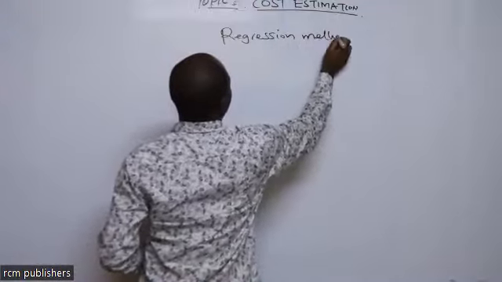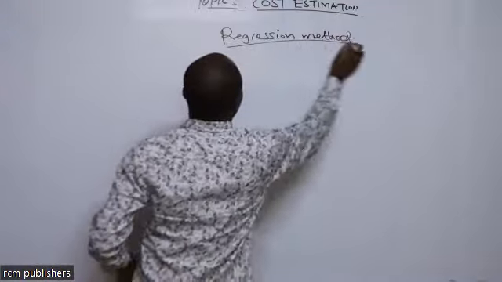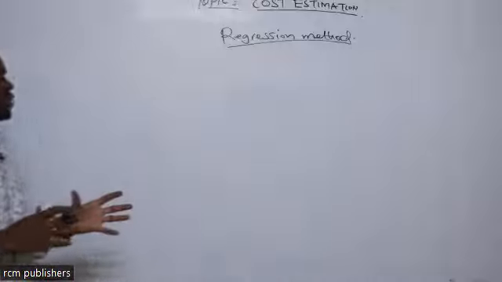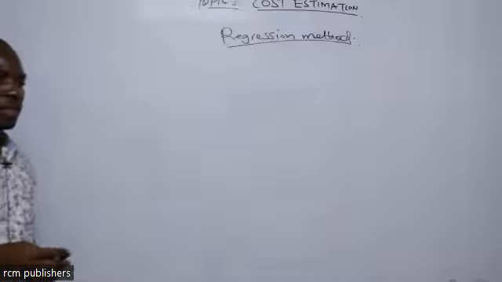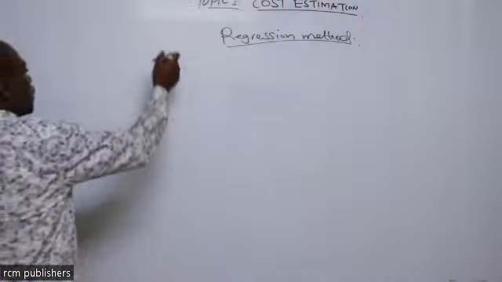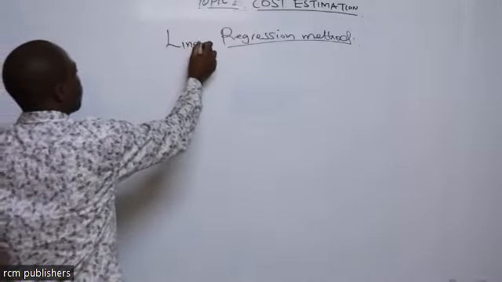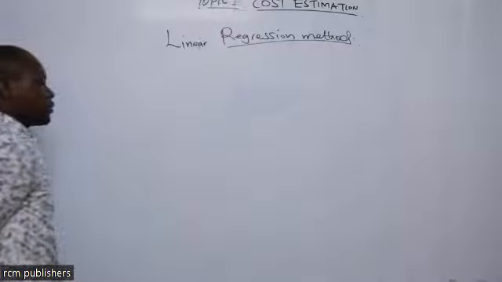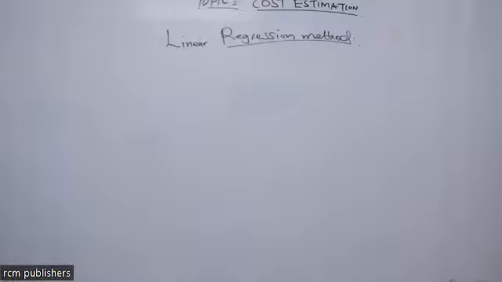Regression method, it will still put us within that bracket of identifying the value of Y and X. I think the regression method will be okay. So regression method, linear regression method, we can call it linear, ordinary regression method. Ordinary regression method is also another name for that.